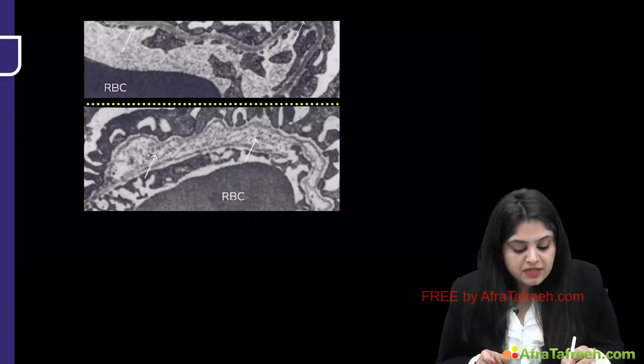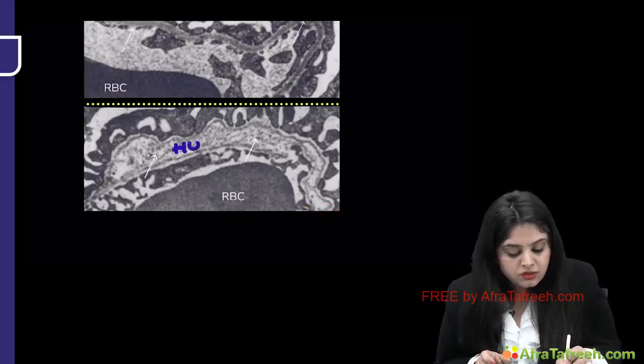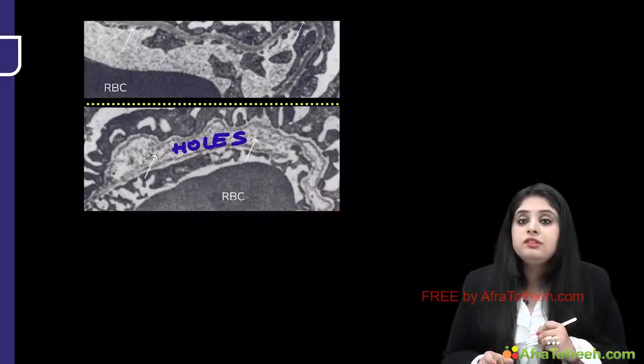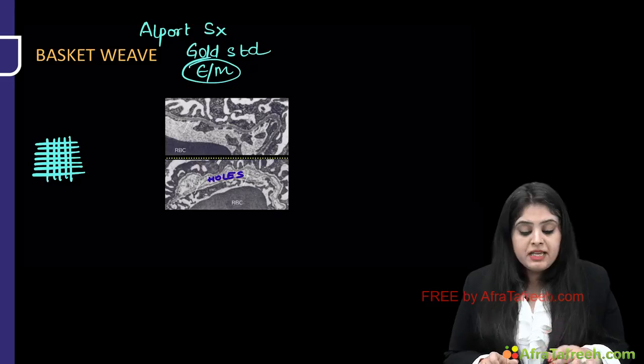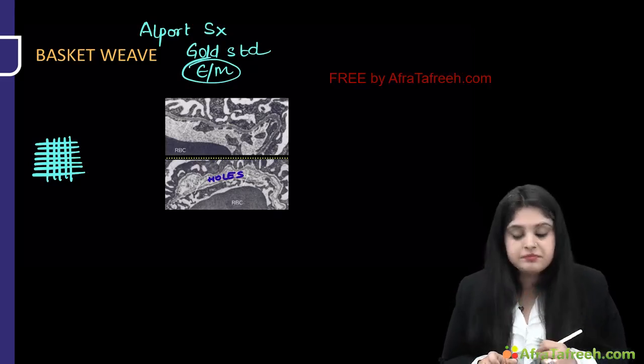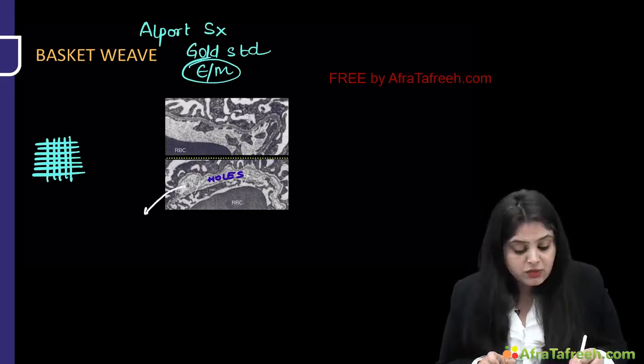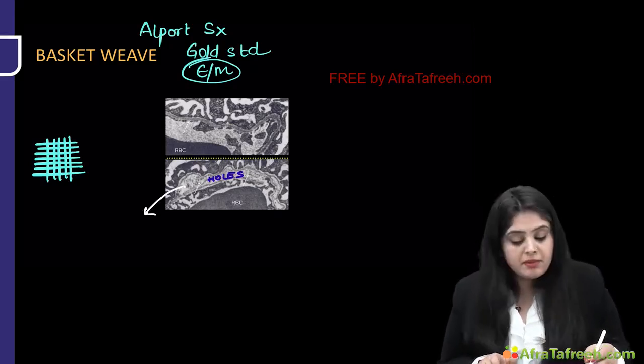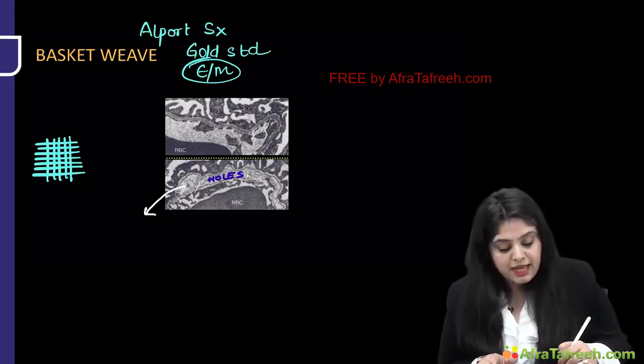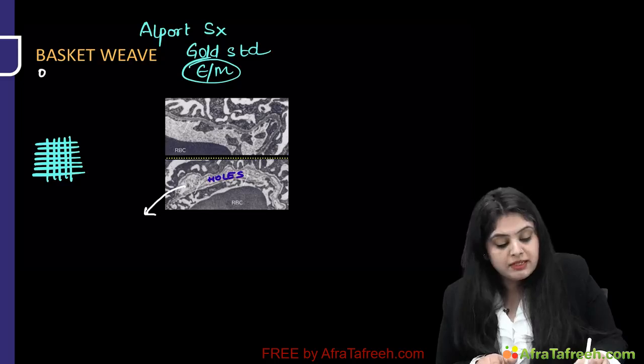Actually, I can see the same. I can see multiple holes that are present over here, okay? And please remember now, guys, that this is going to happen in which layer of the basement membrane? This happens in the lamina densa. So remember, there is a basket weave pattern of the basement membrane, and that happens in the lamina densa part of it.